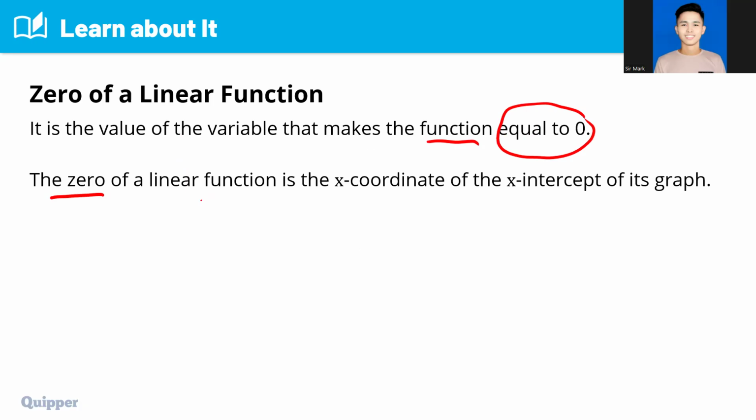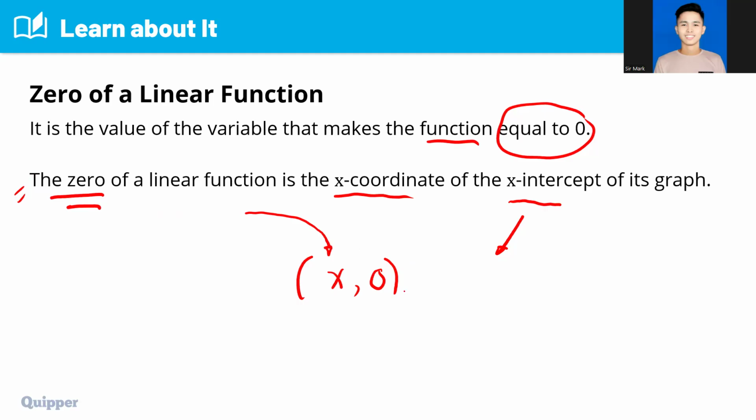The zero of the linear function is also the x-coordinate of the x-intercept of its graph. Remember the x-intercept? When we say x-intercept, that means that we have the x value paired with 0. So upon reading this statement, the zero of the linear function is the x-coordinate of the x-intercept.